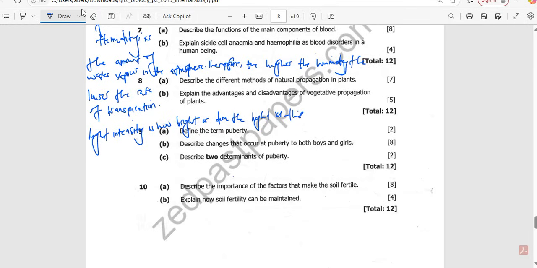This will either increase the rate of transpiration or reduce.